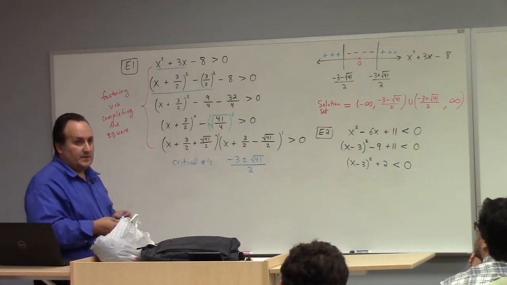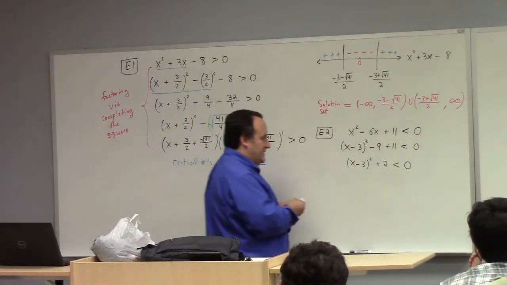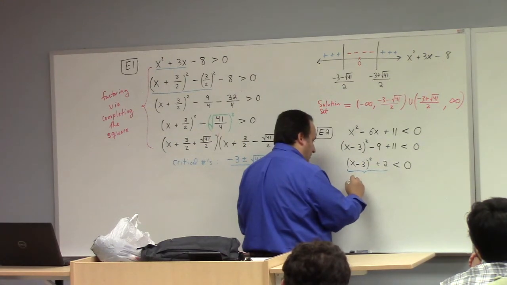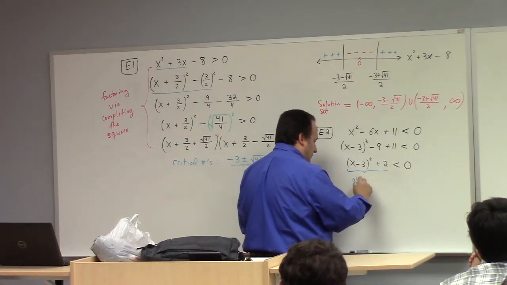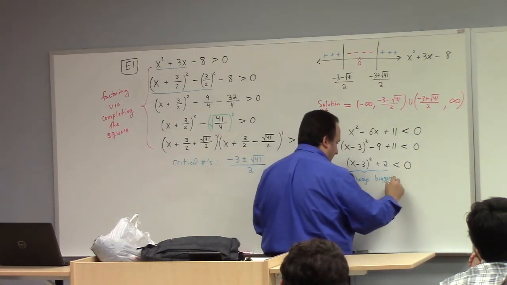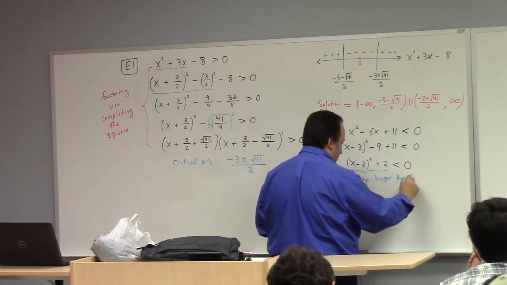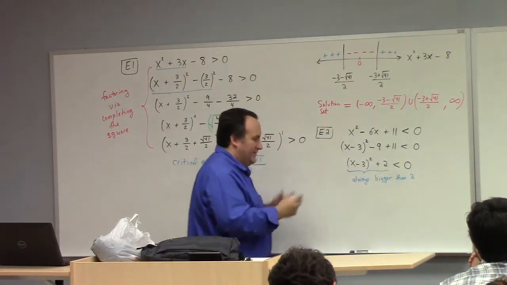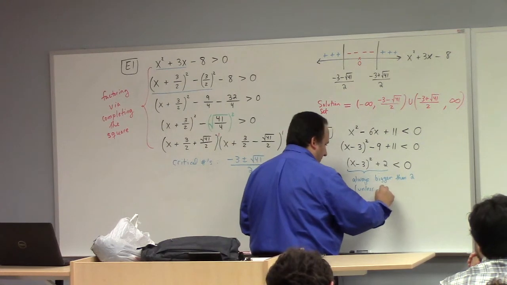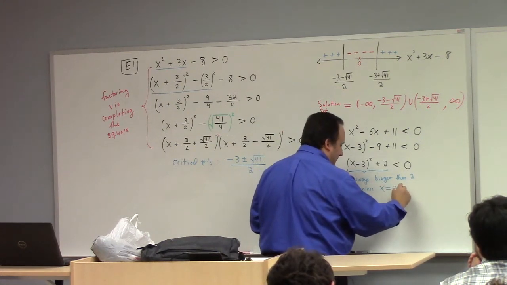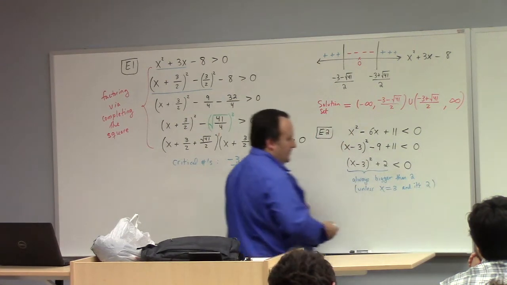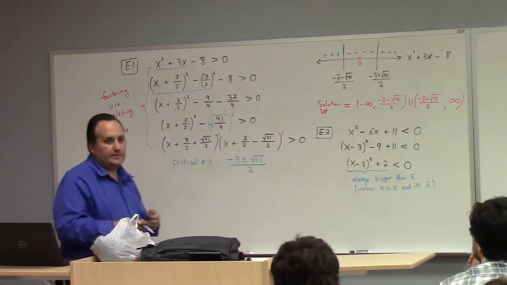All right. But here's just common sense. If you look at this, this is always bigger than 2. Well, unless what? Unless x equals 3 and it's 2. Right? If I plug in 3, I get 2.